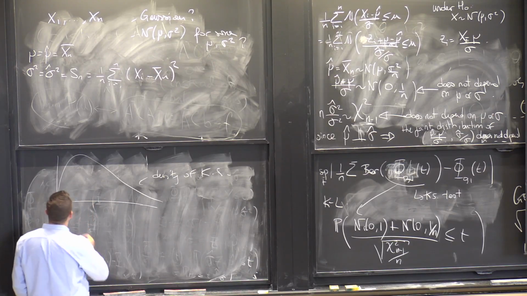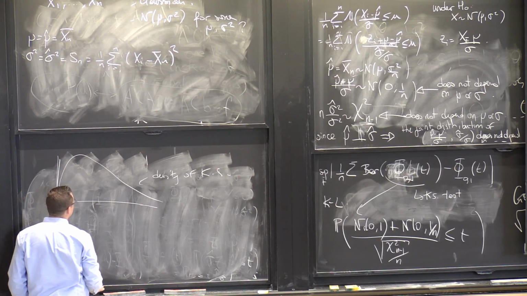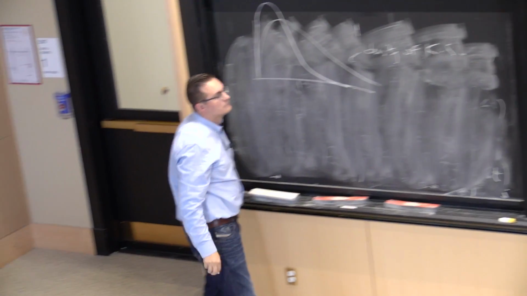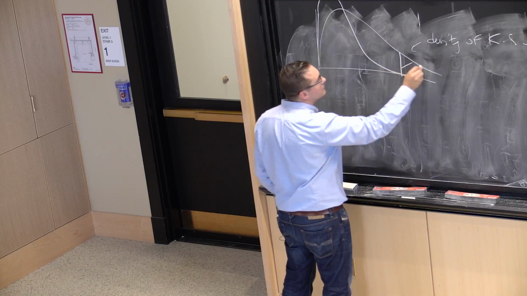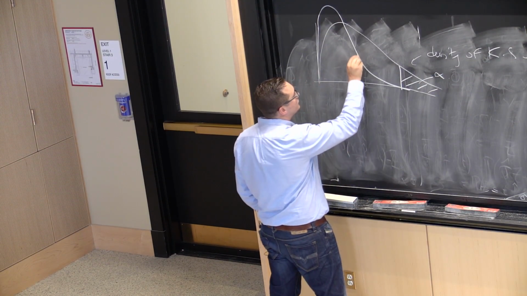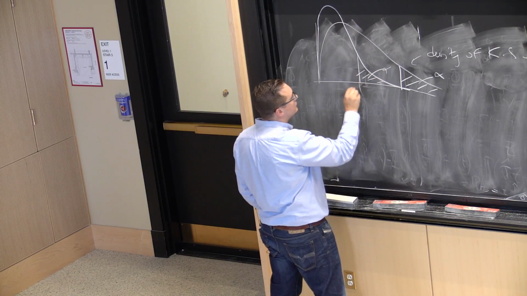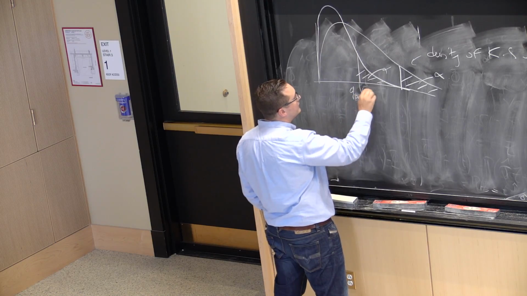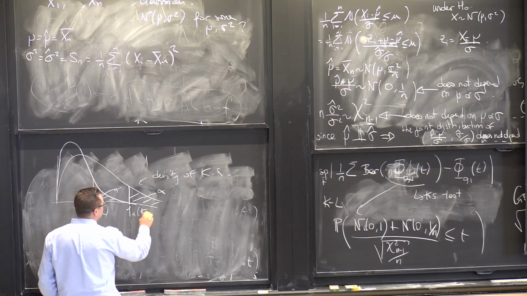And the density of KL looks like this. Right? And so if I want to squeeze in alpha here, then this is the quantile of order 1 minus alpha of the KL. And this is the quantile of order 1 minus alpha of KS.